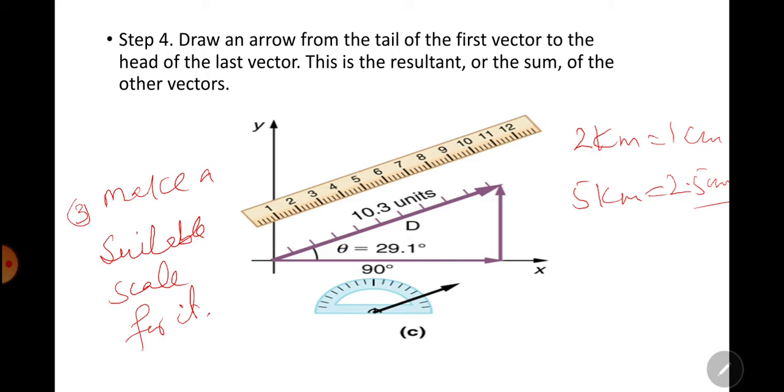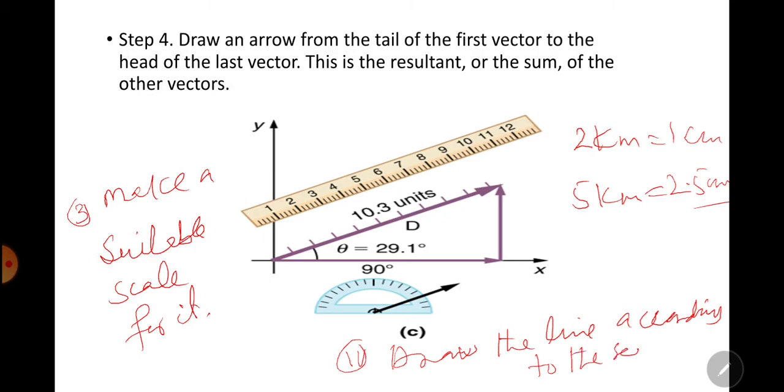Then in the fourth step, draw the line according to the selected scale at the given angle.